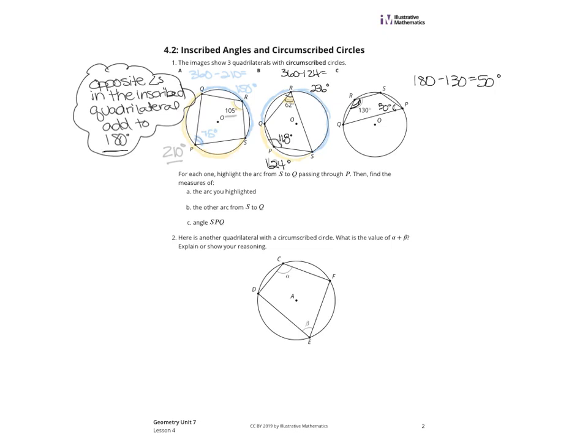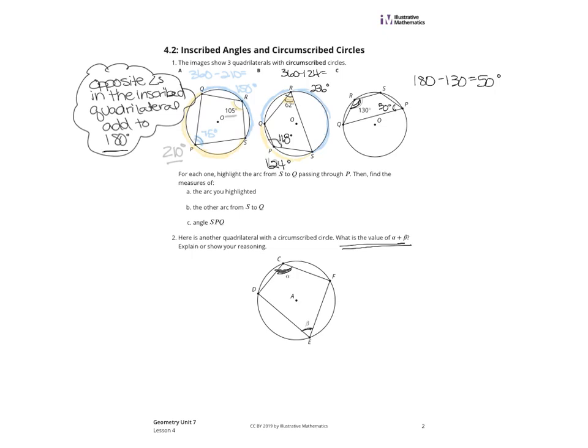So down here at the bottom, one last time with this figure right here, it says, what is the value of alpha and beta? So this is my alpha and this is my beta. In this picture, these two are the opposite angles. Remember, consecutive is when they're right next to each other.